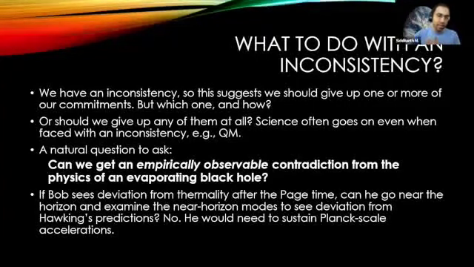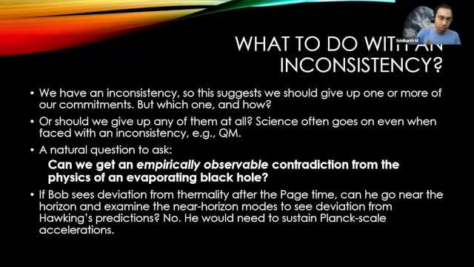He sees that his radiation deviates from thermality, and this suggests to him that there's something that has gone wrong with Hawking's calculations near the horizon, right? Because Hawking's calculation told us that the radiation should always be thermal, but Bob is seeing a deviation from thermality.